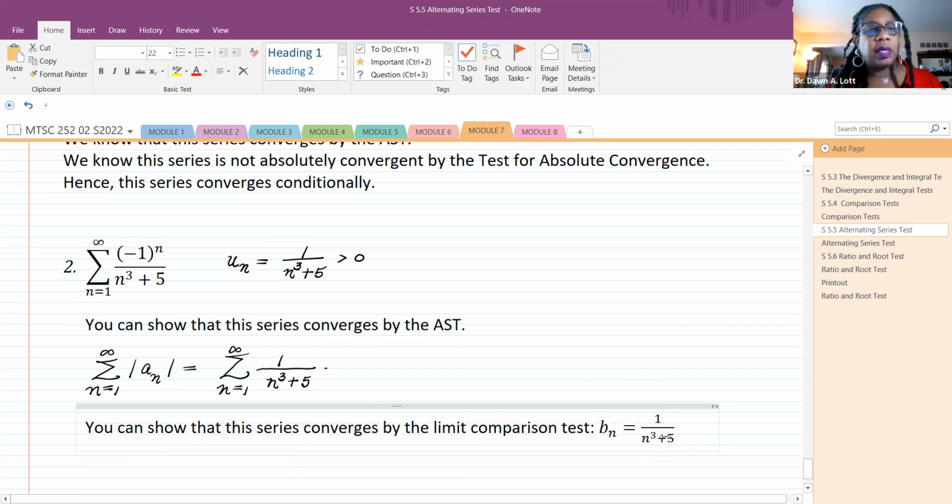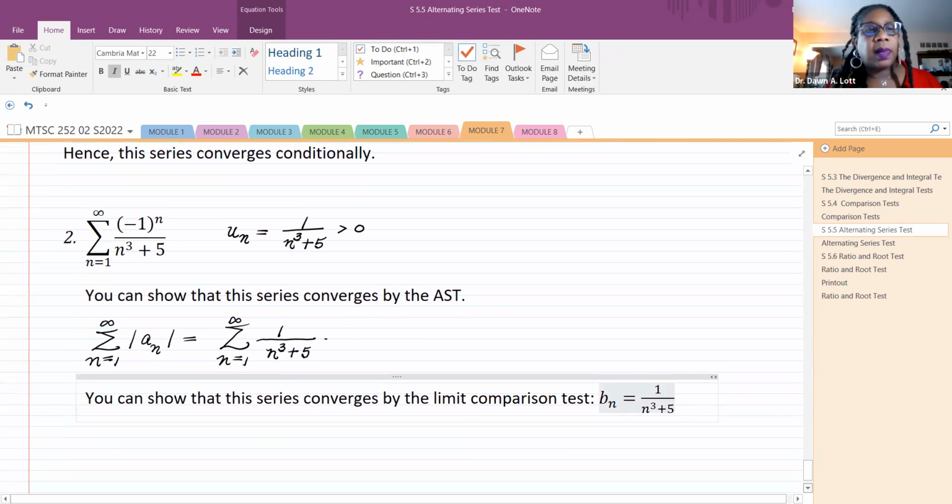So what can we say about the original series? Does it converge absolutely or conditionally? I took the original series and showed it converged by the alternating series test. I took the absolute value of the series and showed that it converged using the limit comparison test, compared to b_n equal to 1 over n cubed.